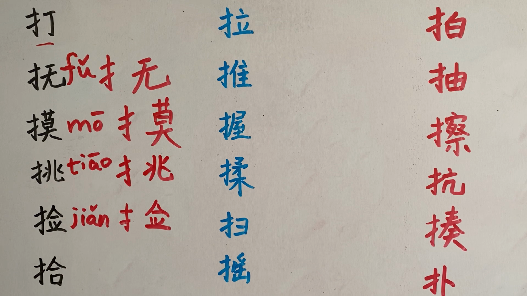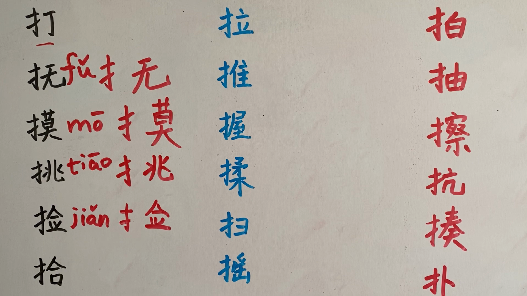More important is to write characters in the right order, right? 挑拣, to pick up, to choose. If you buy apples, you have to choose, right?